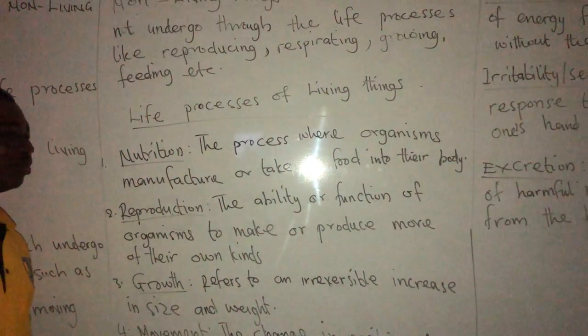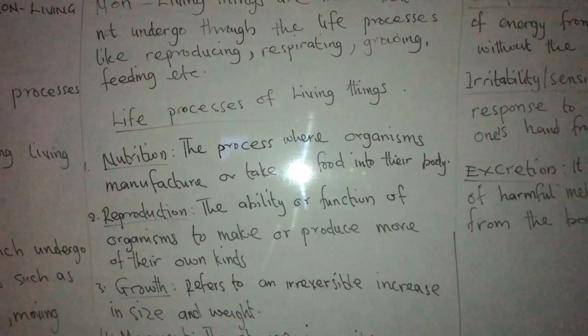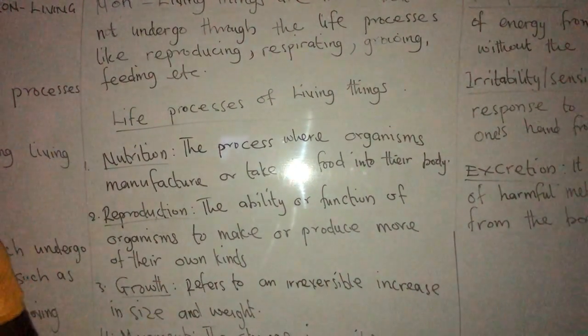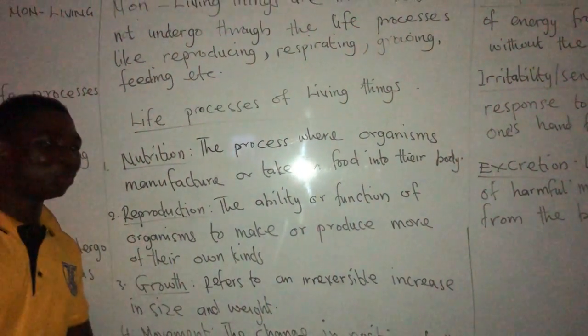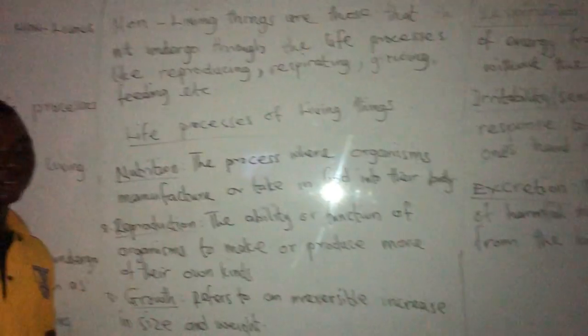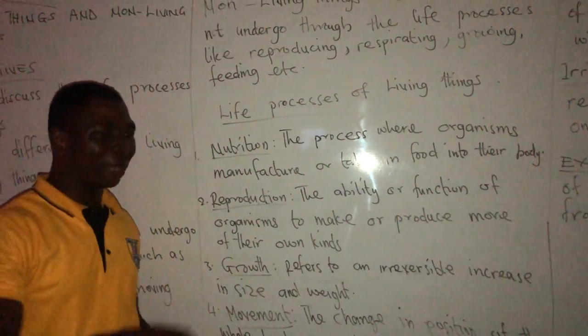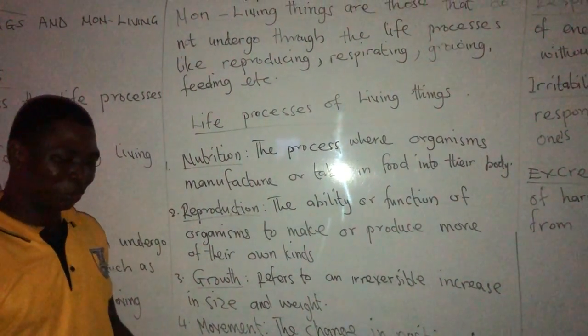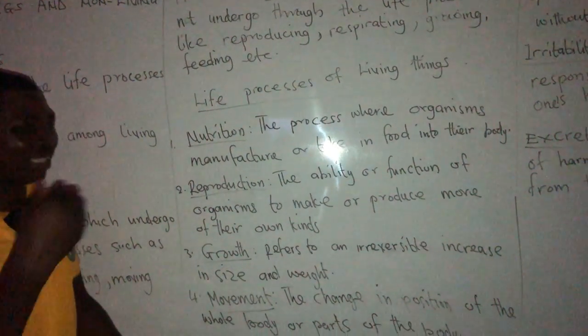Maybe very soon your mother will give birth to a new baby. That means your mother has reproduced. Plants also germinate and bring out new ones. You see that when a plantain is there, some will germinate beside it. That means it's reproducing its own kind.